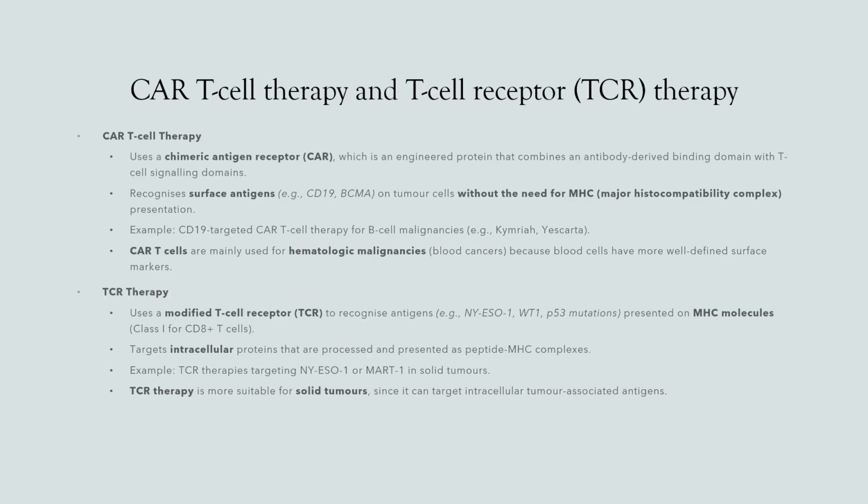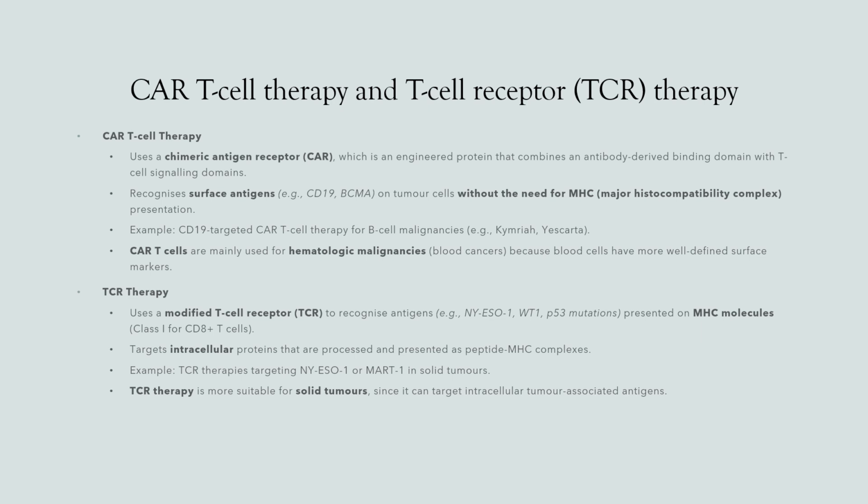So I think I've already talked about this, where CAR T cells use a chimeric antigen receptor. It's an engineered protein that combines an antibody-derived binding domain with the T cell signaling domain.